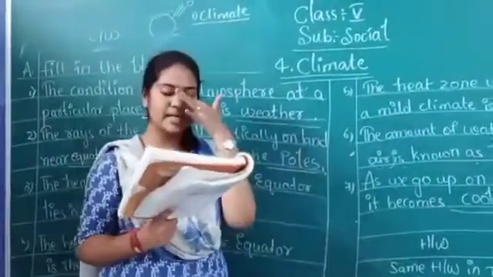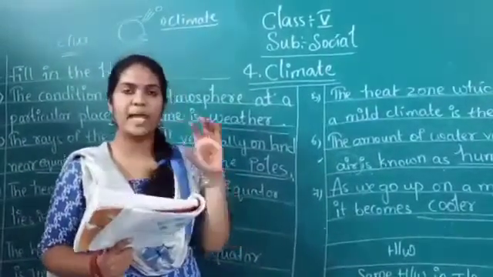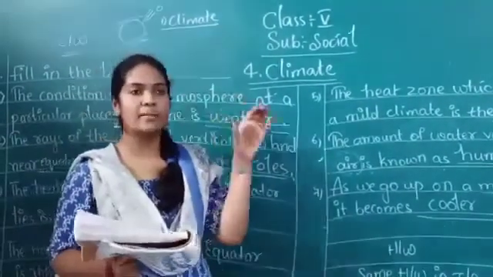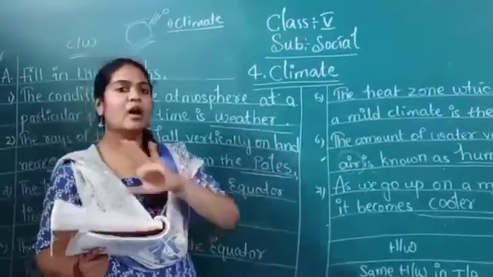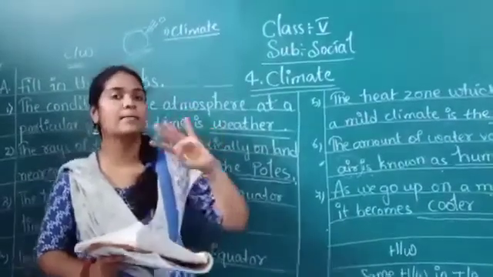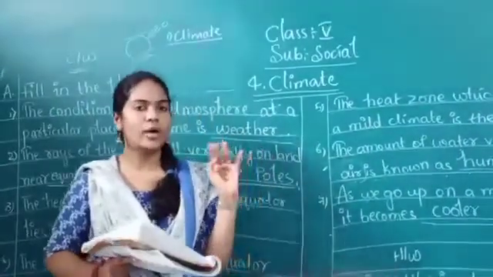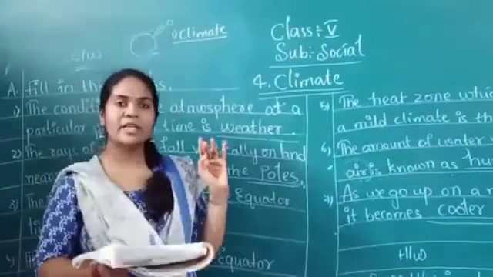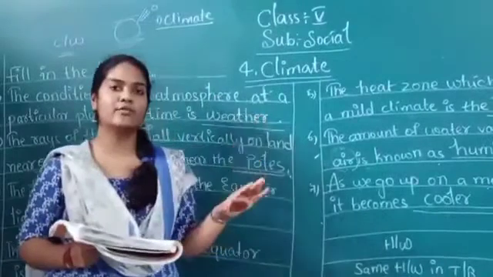It is the average weather condition of one place for a long period of time, not for one day, not for two days. It will be in months, like one month, two months, three months.